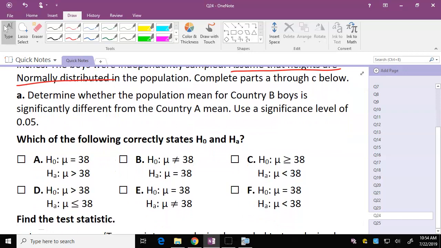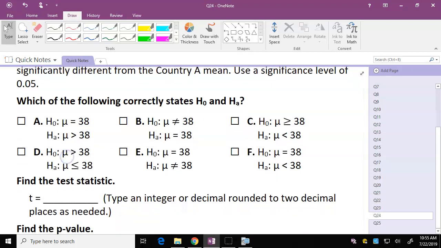Complete them. So part A says determine whether the population mean for country B boys is significantly different from country A. So which one of the following is our H naught and Ha? Say it again.